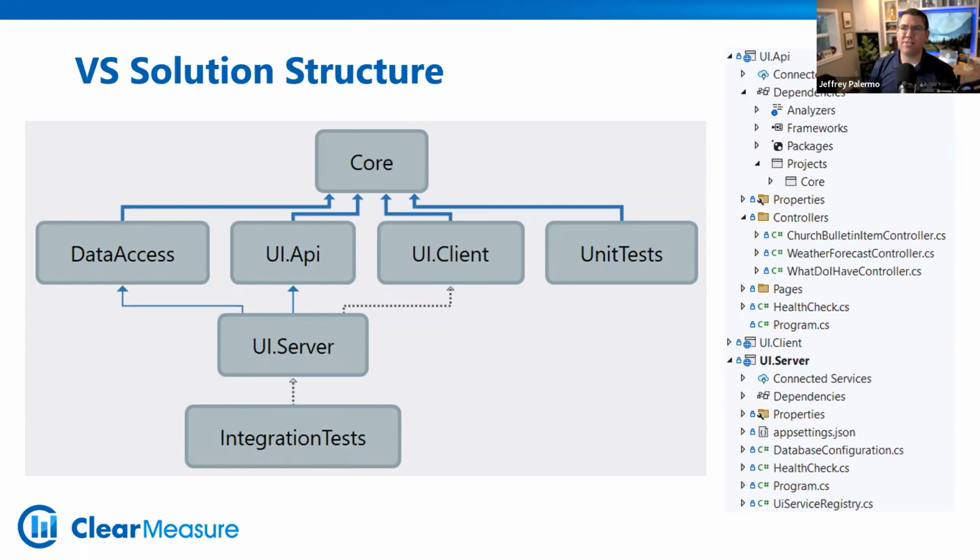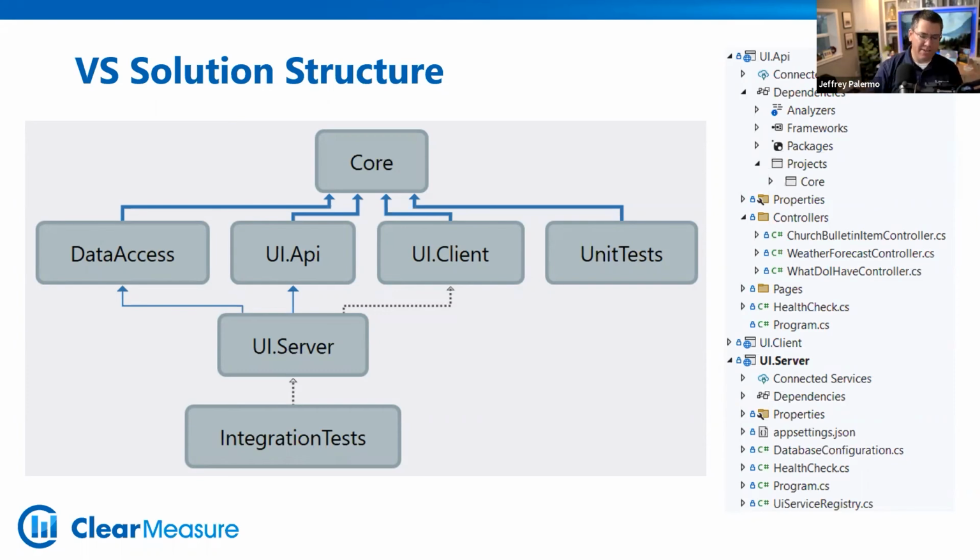On the right-hand side of the screen, I called my application UI, so I have UI.client and UI.server. I've created another one called UI.api. I have UI.api referencing core, and then I have UI.server stripped of anything else except configuring and startup of the application.